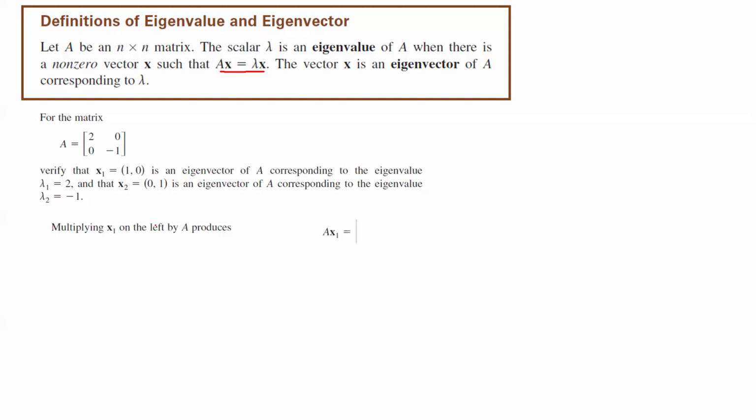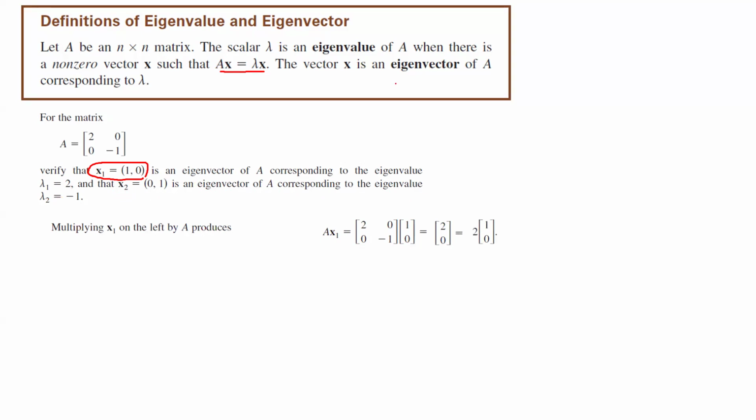If you multiply x1 on the left by A, you have 2, 0, 0, negative 1 multiplied by 1 and 0. This is the vector right here. So we are forming Ax. This is equal to 2 and 0, which is 2 times 1 and 0.